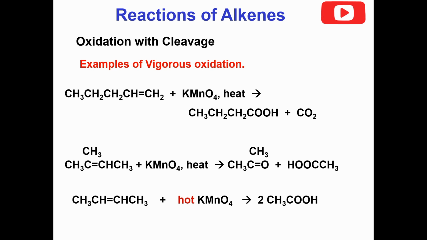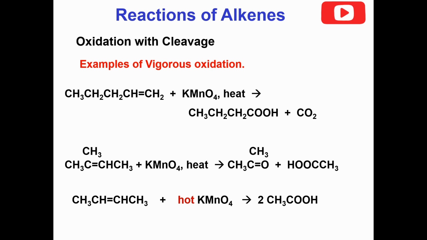It ends in aldehyde. In the second compound, we can see that this compound is not symmetrical because of the carbons connecting the double bond, one has methyl and one has hydrogen. The one that has methyl is going to form a ketone. The one that has hydrogen is going to form aldehyde, which further oxidizes to carboxylic acid. That is why what we're going to see is carboxylic acid.